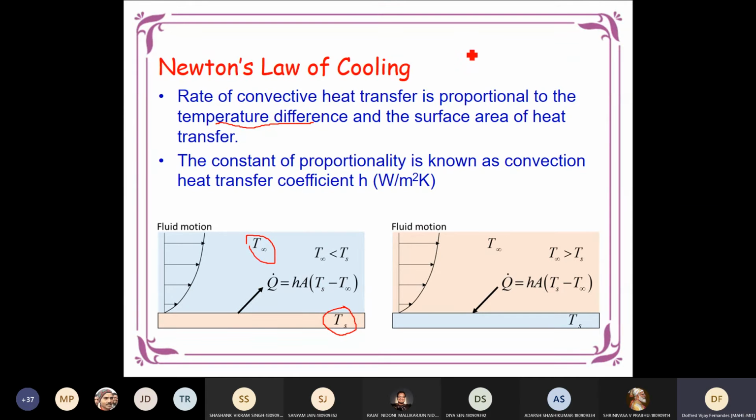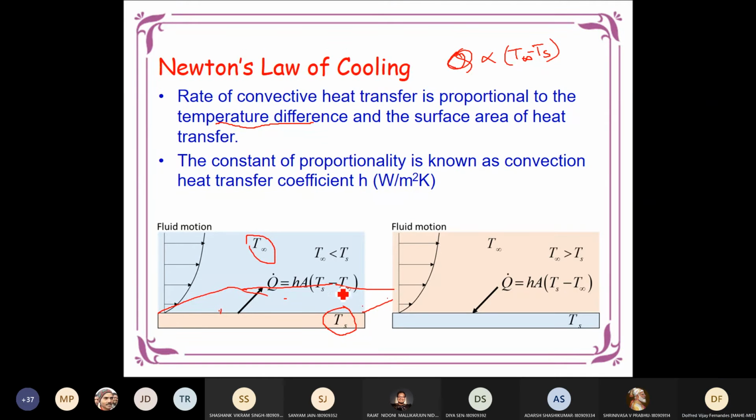So Q is proportional to the temperature difference, T infinity minus Ts or Ts minus T infinity, depending on whichever is larger, and the surface area, again the area which is normal to the heat transfer.